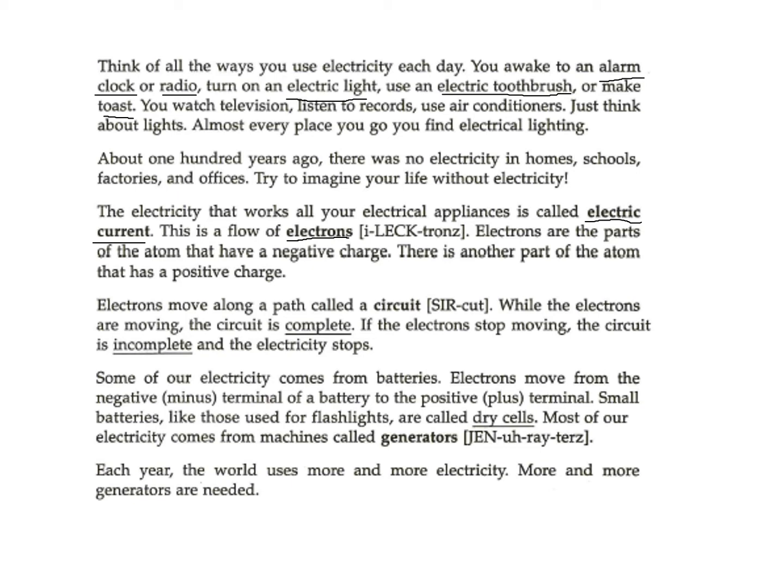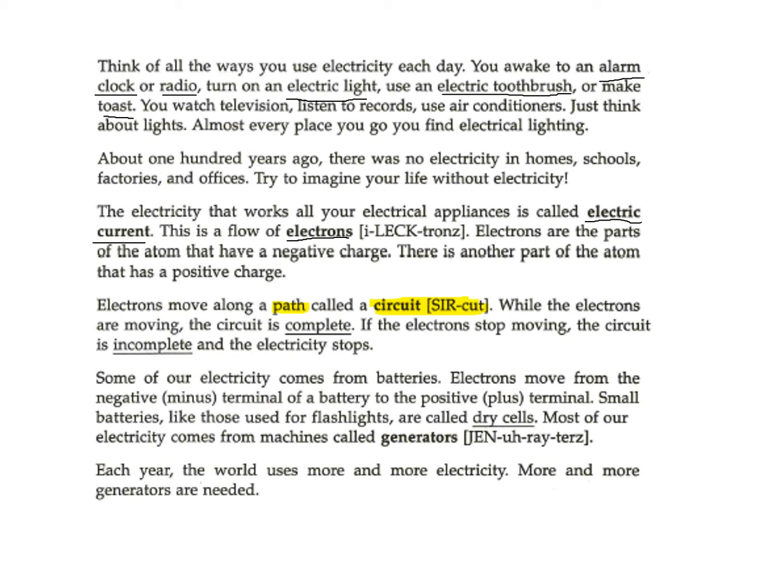Electrons are the parts of an atom that have negative charges. There's another part of the atom that has positive charges. They can never move. Protons don't move, neutrons don't move, only electrons. Electrons move along a path, so it's very important, along a path. We call it a circuit. That's very important.